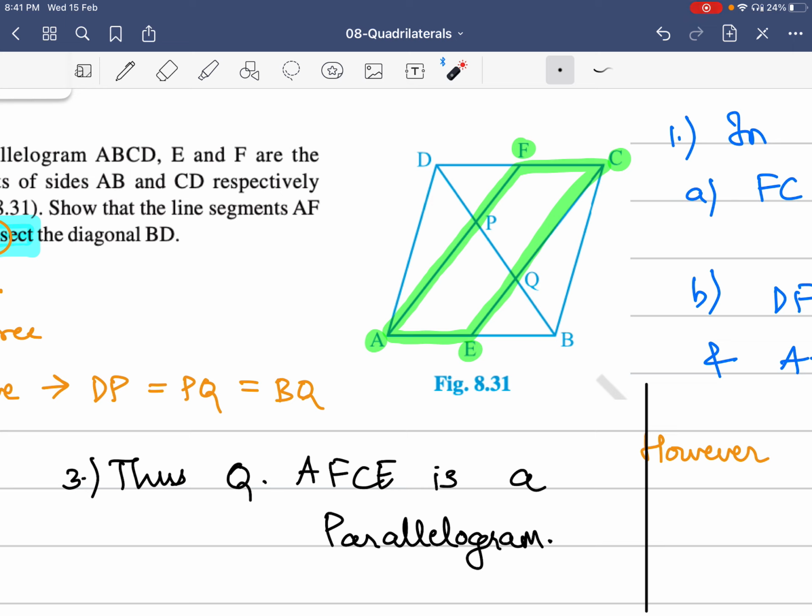AFCE is a parallelogram because these two opposite sides were equal and parallel to each other. Now, if this is a parallelogram, then this line is parallel to this line, because they are the opposite sides of a parallelogram. So FP is parallel to CQ.